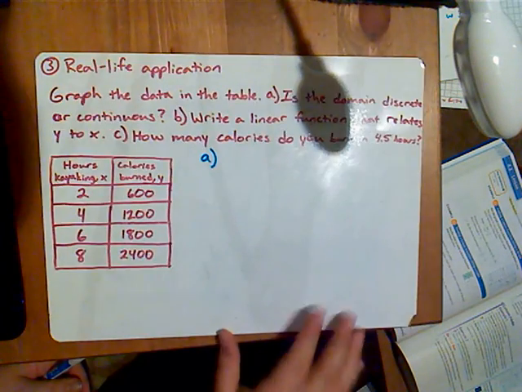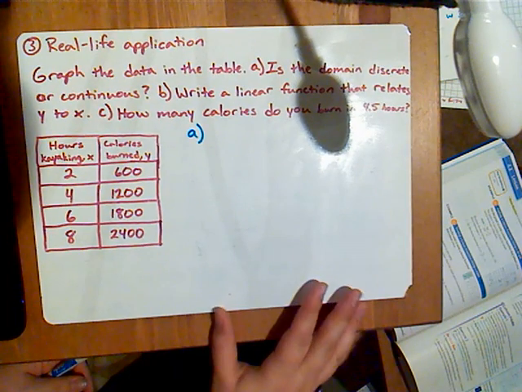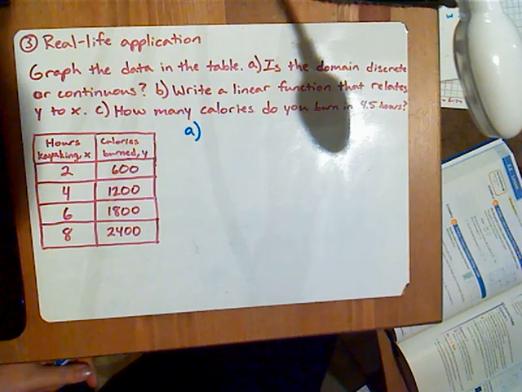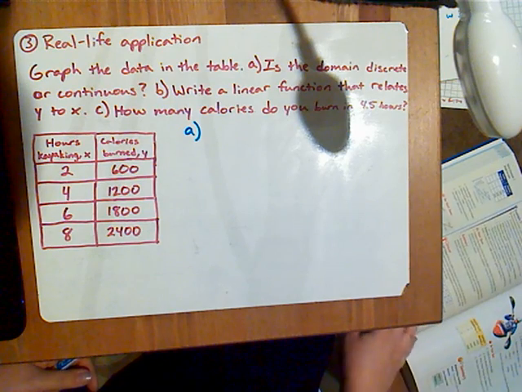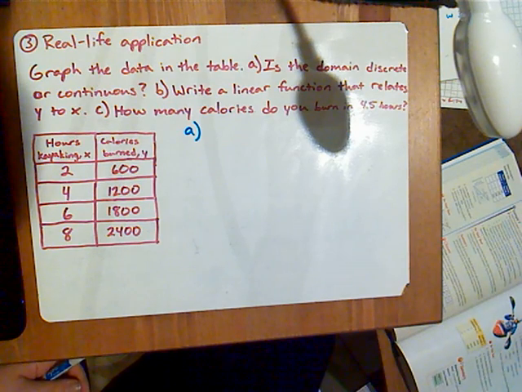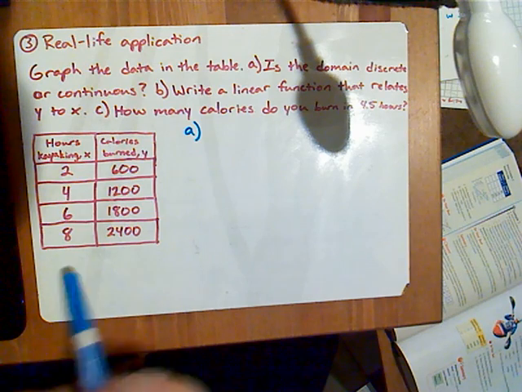Next, we're going to do a word problem. And it's going to be a multi-step word problem. It's going to ask us to find 3 different things. So the first thing that we're going to need to do is graph the data that is in our table here.